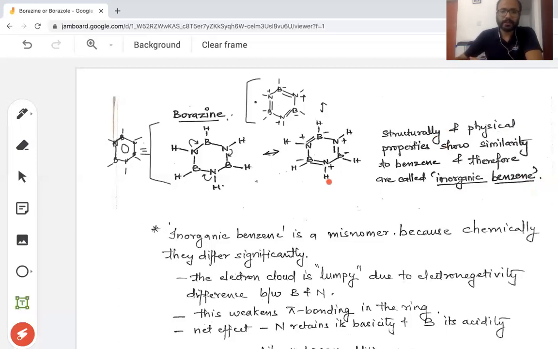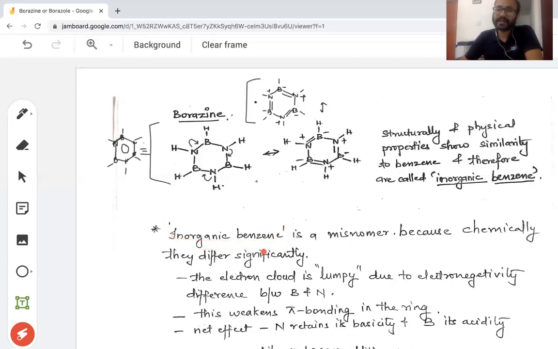Now, as written here, inorganic benzene is kind of a misnomer. What do you mean by a misnomer? That means it is not exactly a benzene molecule; it is a wrong terminology that is used here.